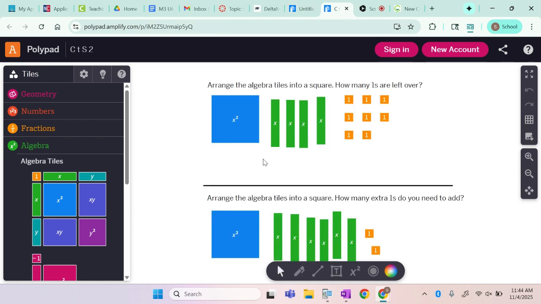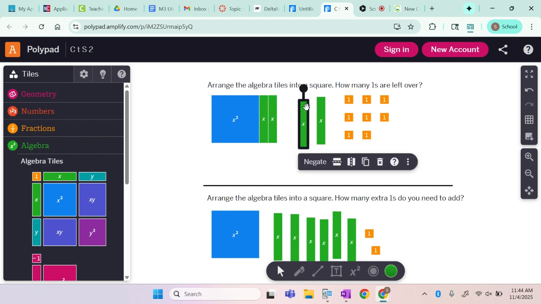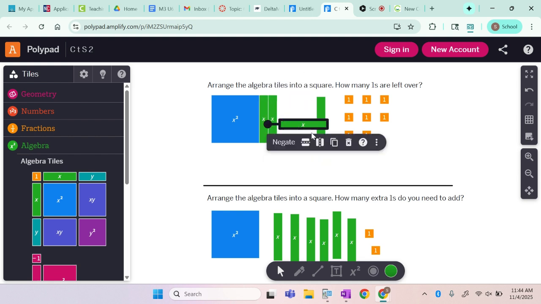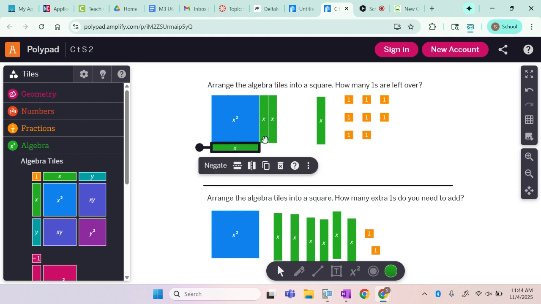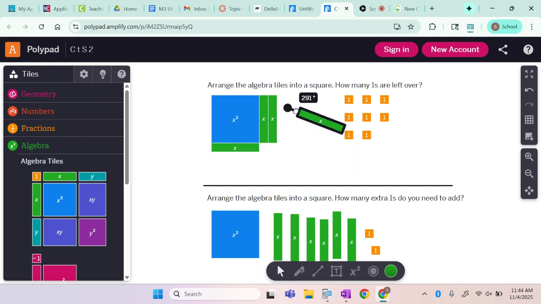There's 4 x's here. How many am I going to put on each side? 2 on each, because we want 2 to the side. Then we can turn these 90 degrees and put 2 on the bottom. If you look, they attach pretty nicely, so they should lock into place automatically.